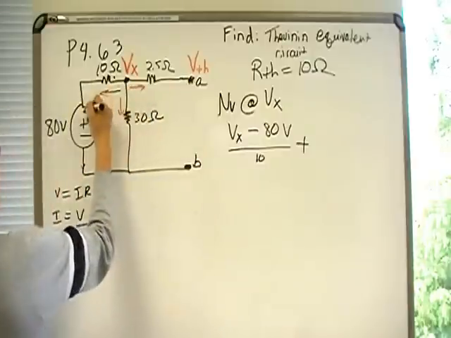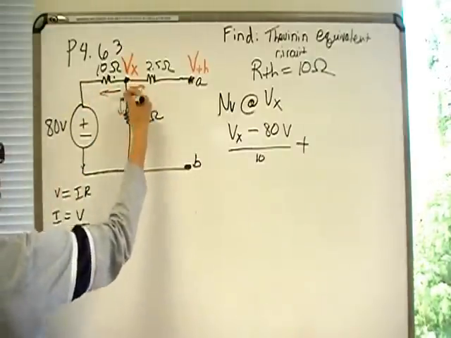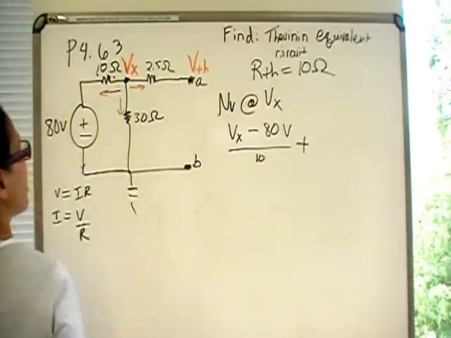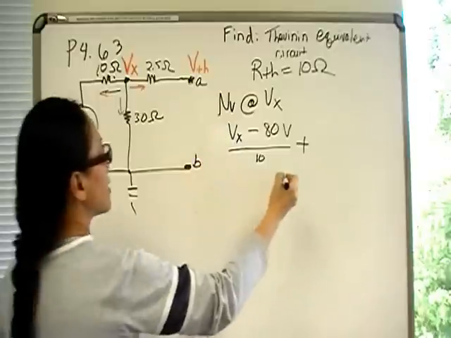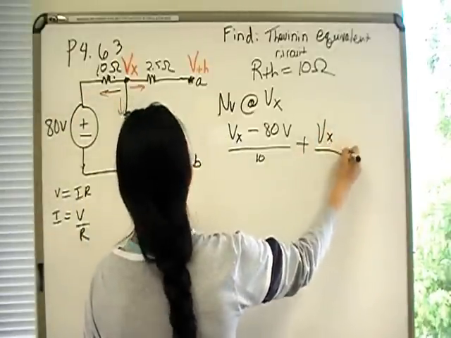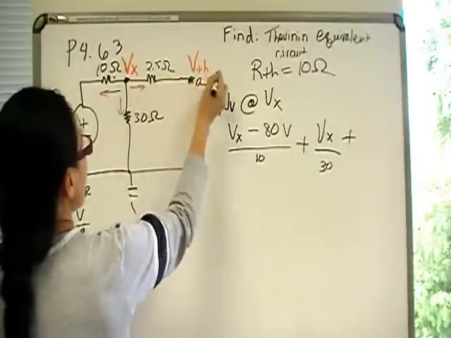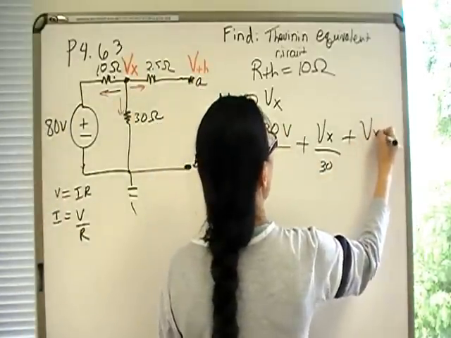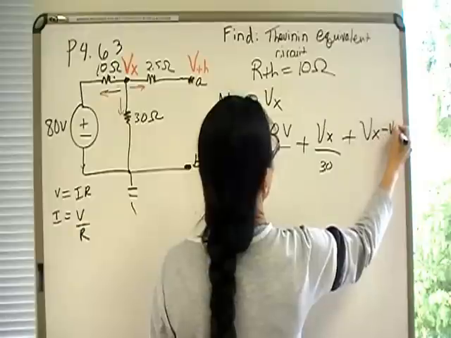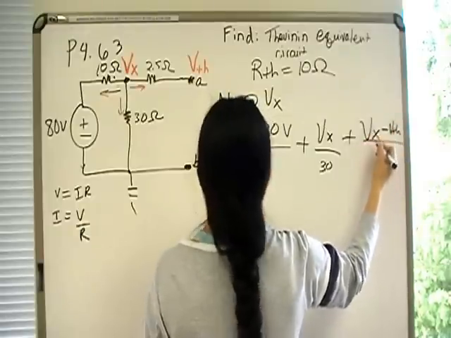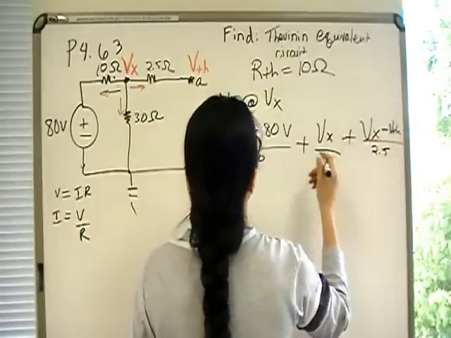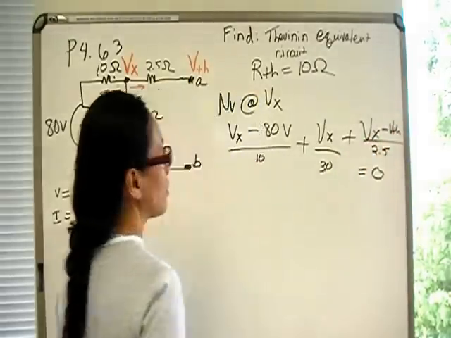That's that branch current right here. This branch current, by the way, that's the ground, of course. That branch current is going to be V sub x over 30. This branch current is going to be V sub x minus V-Thevenin over 2.5. All of that has to sum up to 0.